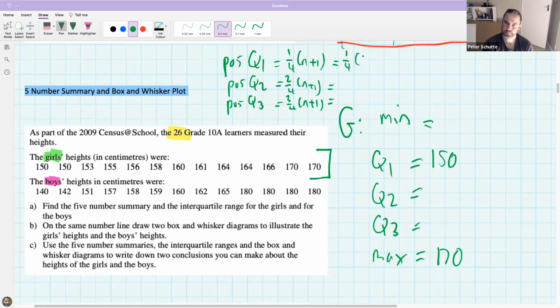So then that's going to be the 7th. What is that going to be? 3.5.